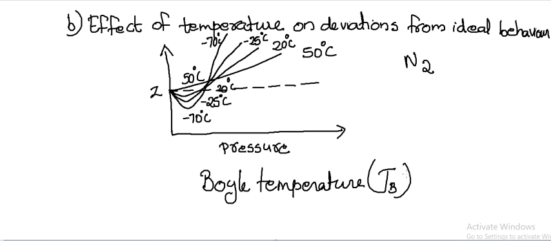And below the Boyle temperature, Z value first decreases and reaches a minimum and then increases to above unity.